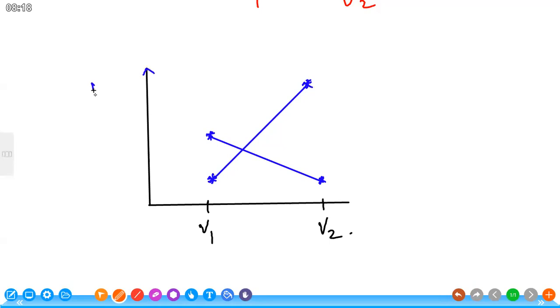So this is response. This is variety. Let's say we decide 1, we decide 2. Now let's say variety, we decide, variety into we decide. So this is main effect, this is interaction.